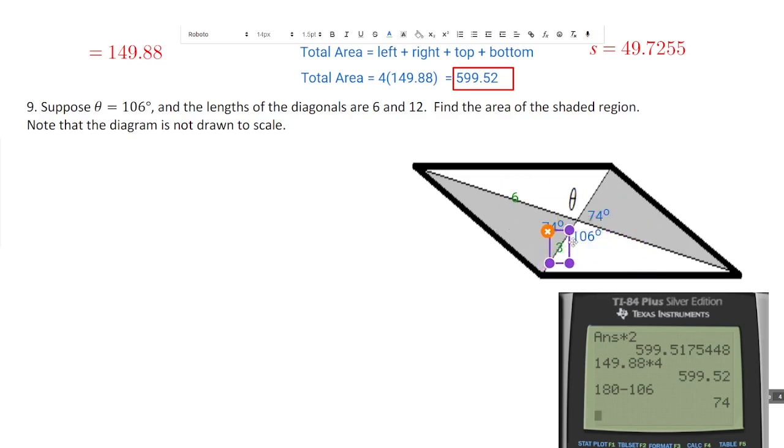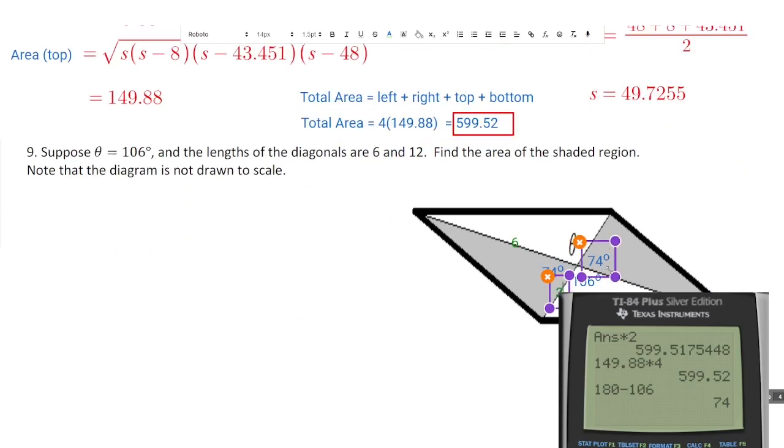Now we've got this side angle side, and we want to find the area of the shaded region. Really these 2 triangles, like we said up here, are going to have the same area. So we just need to find the area of one of these triangles and then double it. Let's pull up the formula that we've used already a few times here.